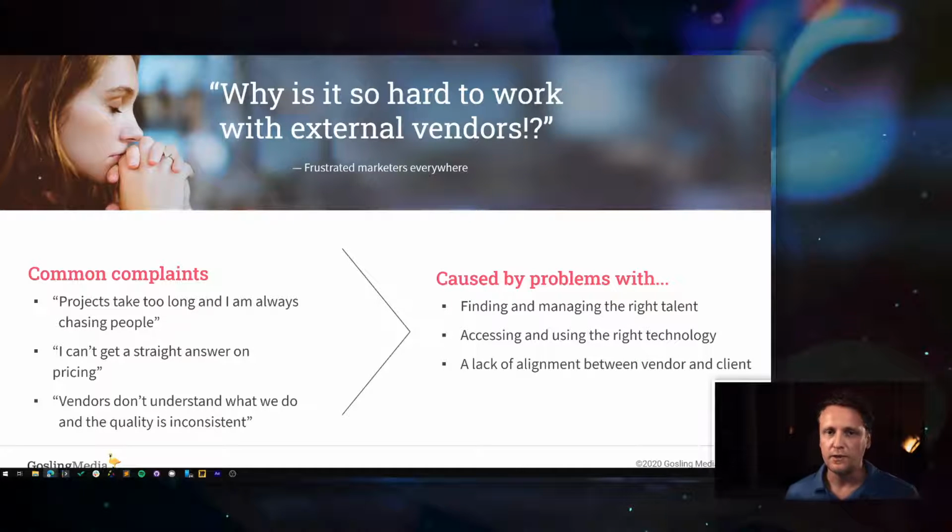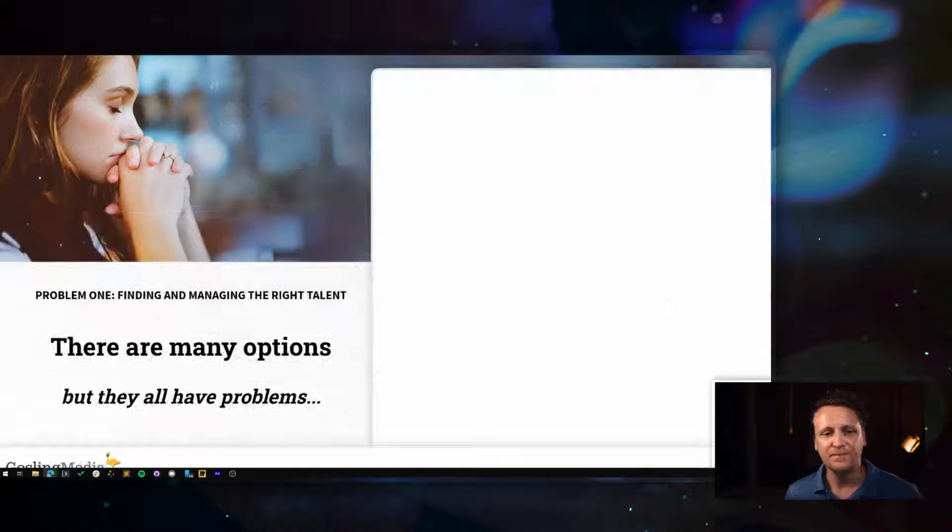Billing obviously is the obvious one, but there's other times as well where your needs aren't necessarily the same as the vendor's, so there can be friction caused by that. So what are you supposed to do? I mean, there really are tons of options for finding designers or finding external vendors and freelancers in general.